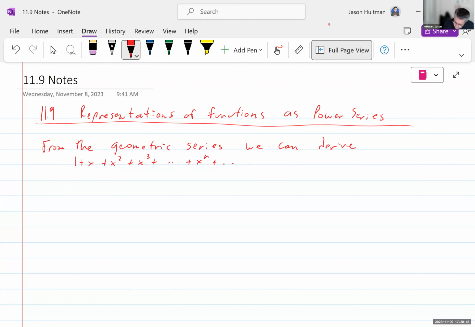This is the summation of n equals 0 to infinity of x to the nth.